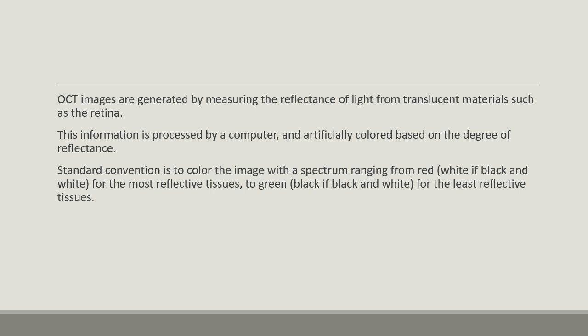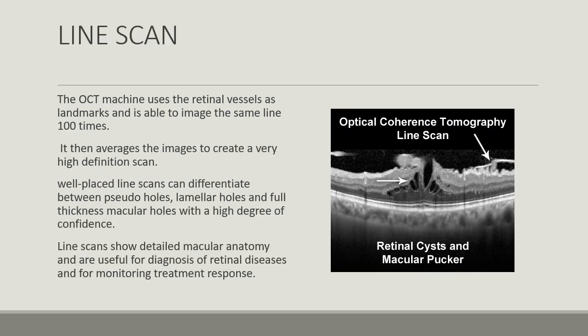When you see a false colored OCT image, the red color indicates highly reflective tissues, and the green or blue color shows low reflective tissue. In a black and white OCT, the white color shows highly reflective tissue, and the gray and black color shows low reflective tissue.